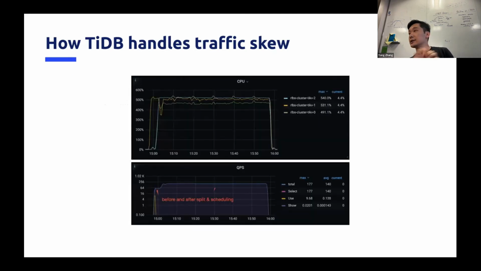Here's a graph showing this process. As we can see, around 15:00 the workload started, and around 3 minutes later, all 3 nodes have their CPU fully loaded and the QPS reaches its limit. That being said, this process is very responsive and fast.